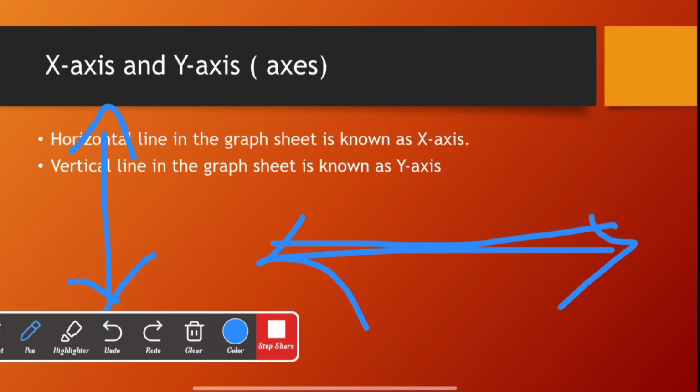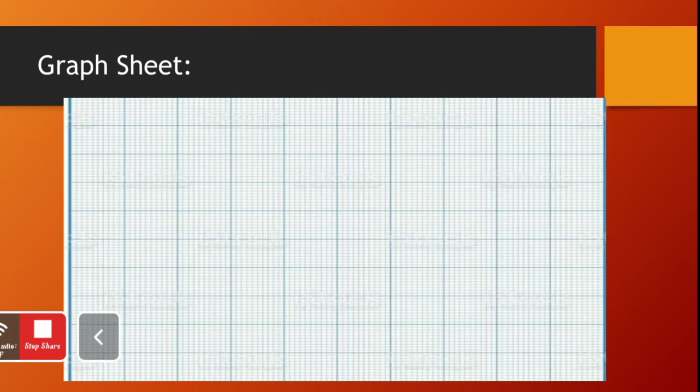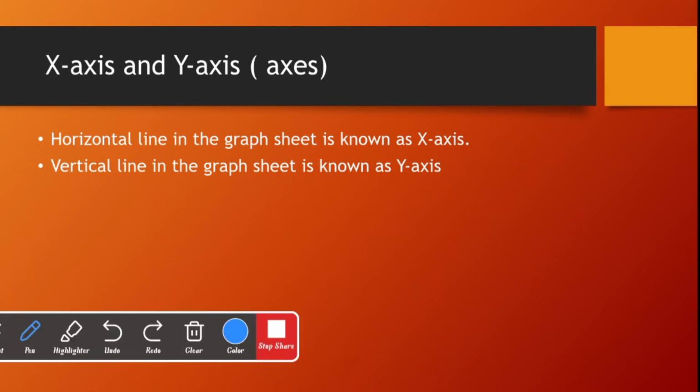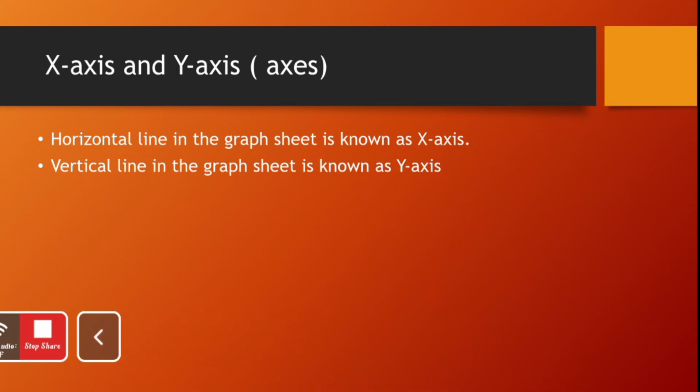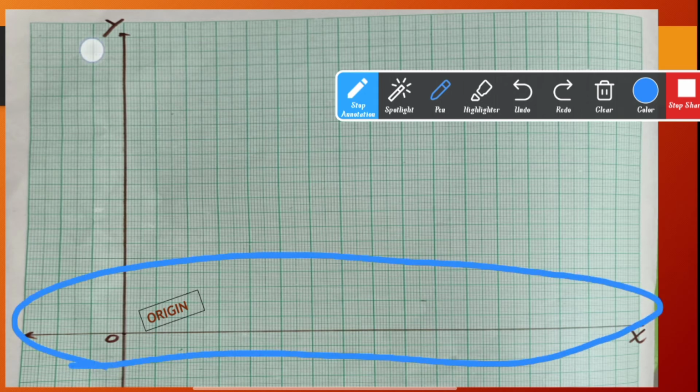The plural is axes. Combinedly we can say x and y axes. This is our graph sheet, and this horizontal line is the x-axis and this vertical line is the y-axis.